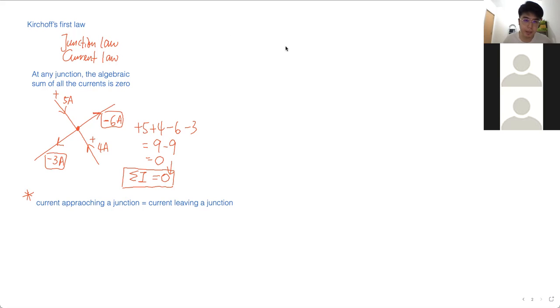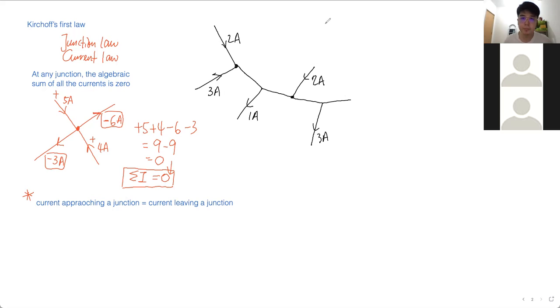Let's look at one example. Say I have a circuit here, like this. This is 2 ampere, this is 3 ampere, here is 1 ampere, 2 ampere, and this is 3 ampere.